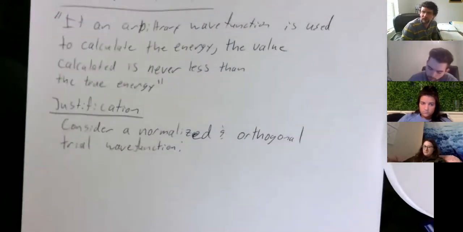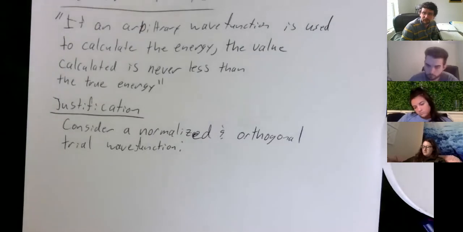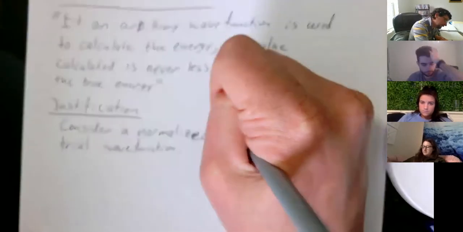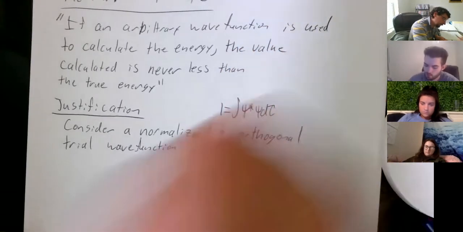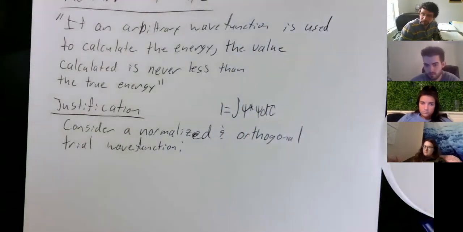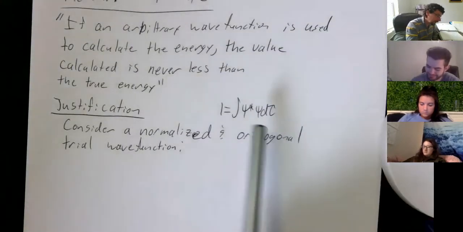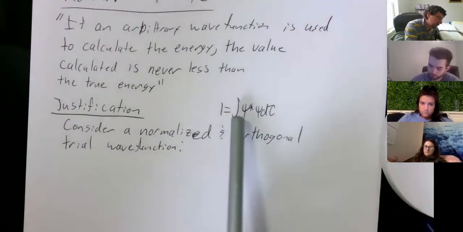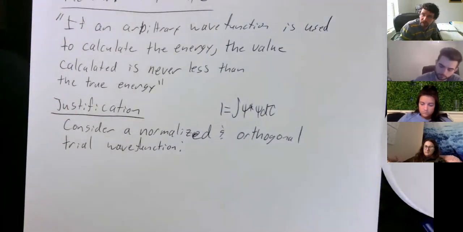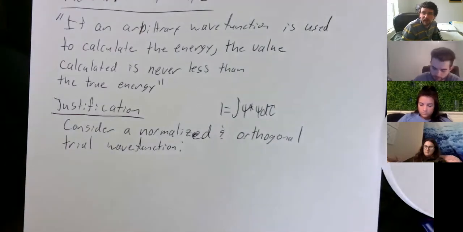Let's remind ourselves, what does the word normalize mean again? You integrate the wave function squared, and you'll end up with 1: the wave function multiplied by its conjugate through an integral equals 1. Everybody had pretty much the right definition. And remember, if we have an unnormalized wave function, what do we introduce in front of the wave function? A normalizing constant, so there's some normalization constant to make this true.